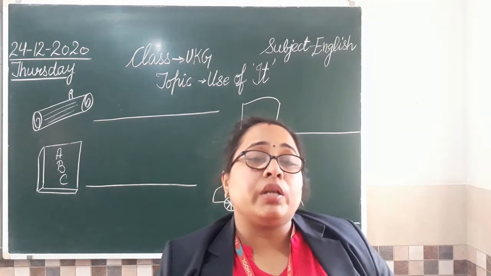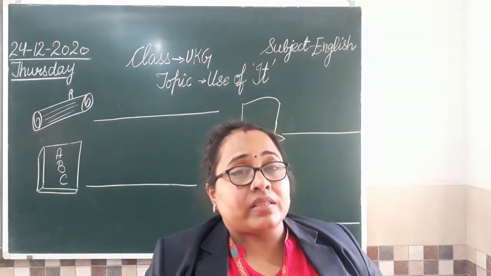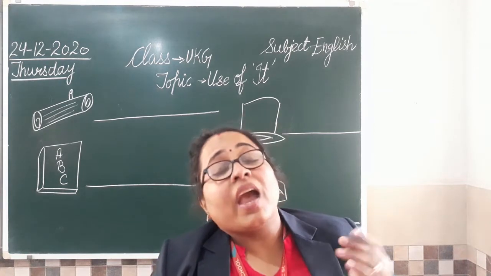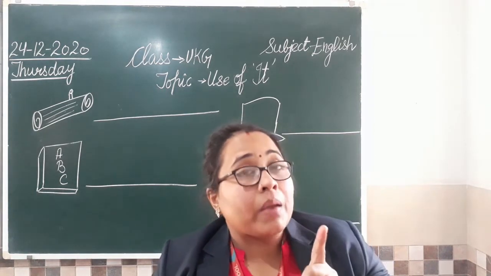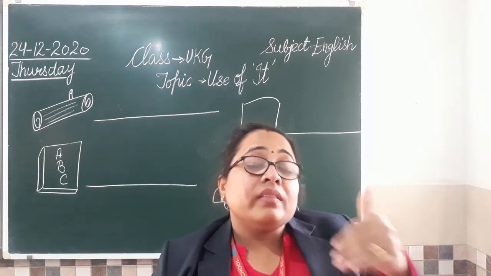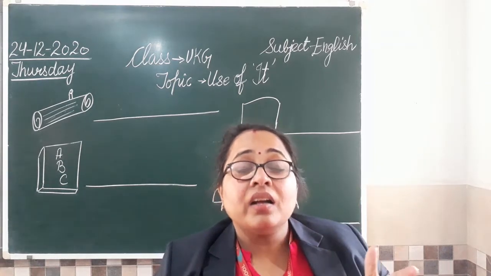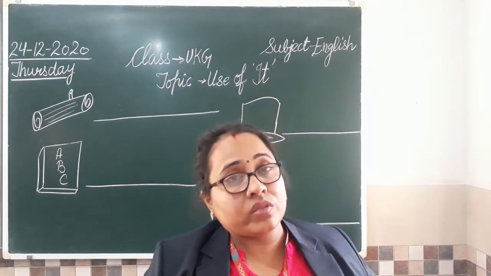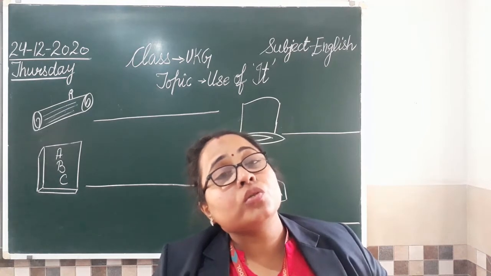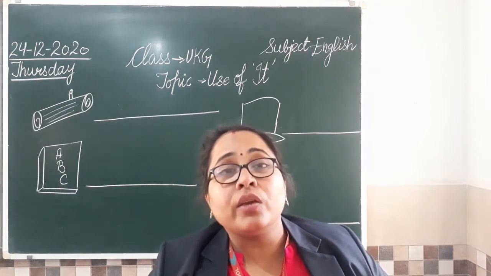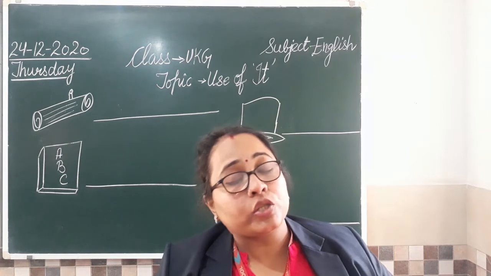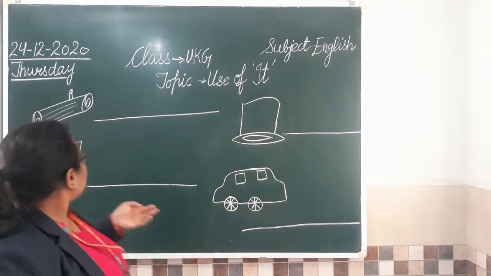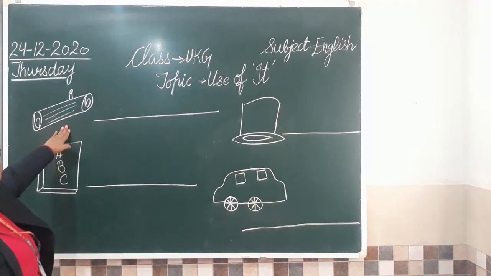And I will also tell you that while writing a sentence, how much gap you have to give between words, as we did with this and that. You remember? This is a boy, that is a bag. हमने ऐसे किया था. Similarly, today we are going to learn it को हमें कहाँ use करना है. So it is always used for non-living things. किसके लिए use होता है? Non-living things के लिए, जो जिंदा नहीं है. Clear? Let's begin.